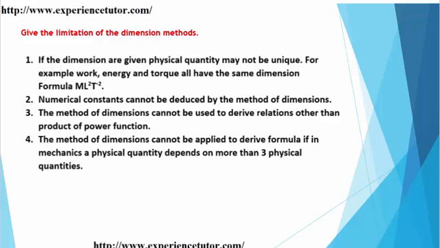Third, the method of dimension cannot be used to derive relations other than the product of power functions. The method of dimension cannot be applied to derive a formula if, in mechanics, a physical quantity depends on more than three physical quantities.